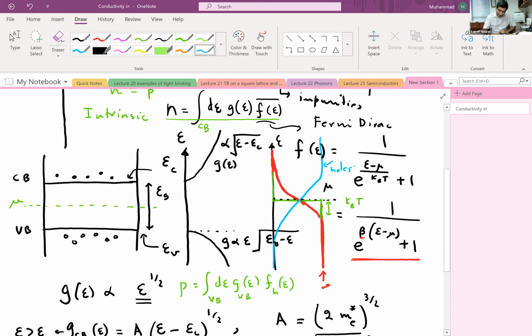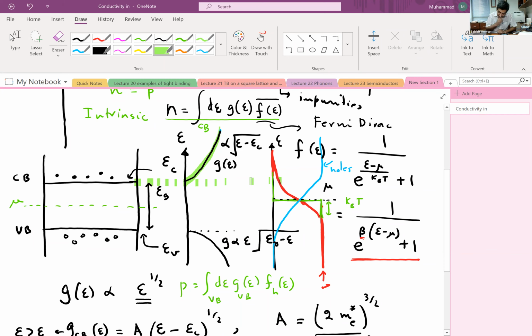Now what I need to do is multiply. For the electrons, I need to multiply this function with this red function. The red function is making the product go toward 0, but it's not really 0 close to the lower boundary of the band. It's still finite.